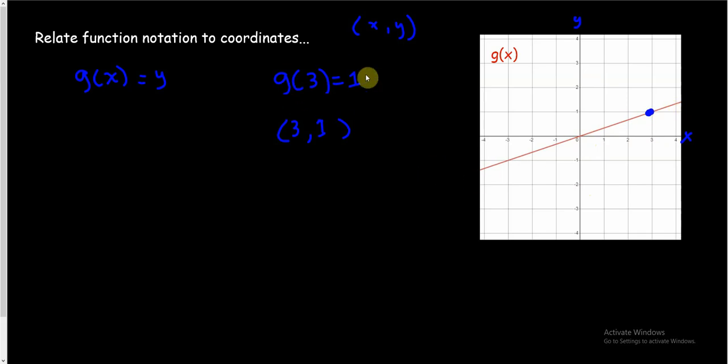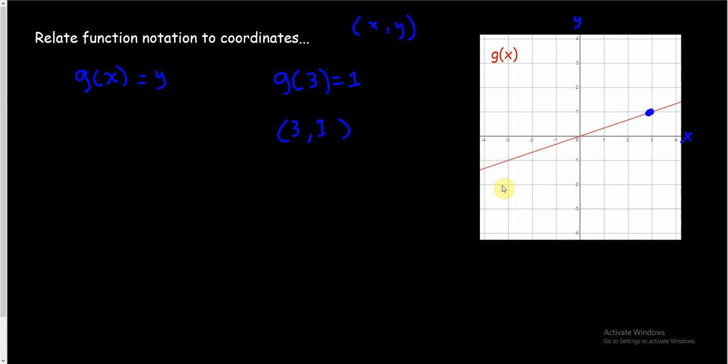Well, definitely, if it's a true statement from the function, it is a point on the function. That is a huge understanding to have. You have to have that understanding to move forward with a lot of algebra at higher levels. It's a very basic understanding that a lot of people don't have connected: that if I have any function notation and it's true, then it is representing a point somewhere on this graph.